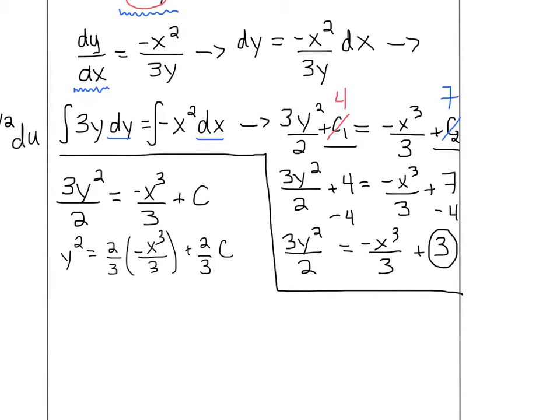Okay? And then when we simplify, y squared equals negative 2/9 x cubed plus, now look, at the end of the day, you can say plus 2/3 c, or you can recognize that 2/3 times a constant is just another constant.